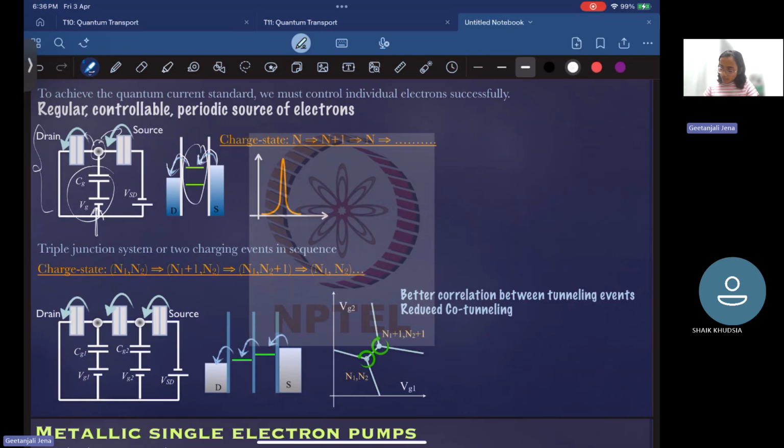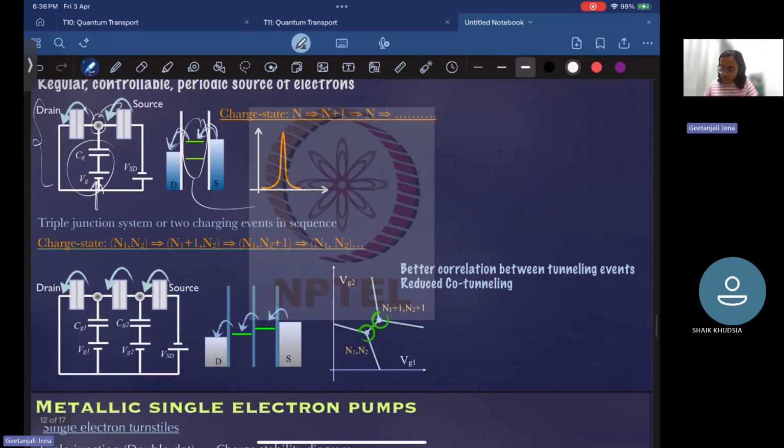In this way, we can change the electronic state of this quantum dot from n to n plus 1 when we fill the electron from the source side, then back to n when this electron tunnels back to the drain side.